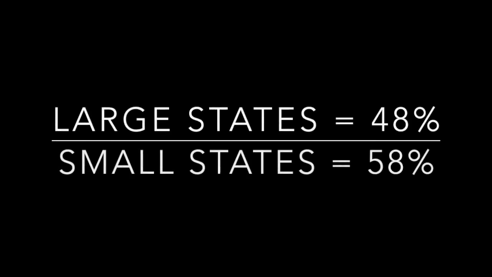After calculation, we discovered that 48% of deaths in the larger states were within the 18 to 34 age range, while 58% of deaths in the smaller states were within the desired age range. Therefore, we reject the null and accept the alternative hypothesis because the percentages of mortality are significantly lower in states with larger population sizes at 48%, in contrast to states with smaller population sizes at 58%.